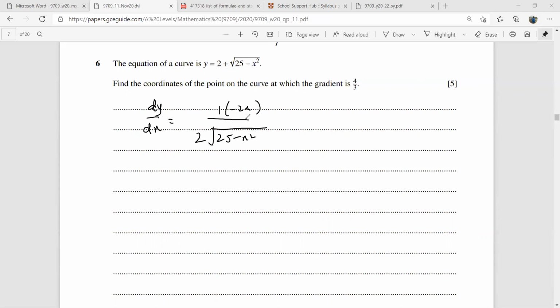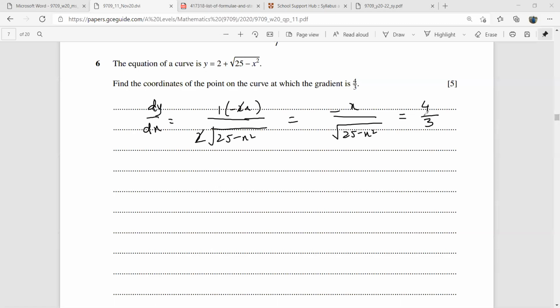Remember the quicker way of differentiating the terms which are inside the square root. So this is −x/√(25 − x²), and we'll put that directly equal to 4/3, the way we put it equal to 0 when we are finding the coordinates of the stationary point.